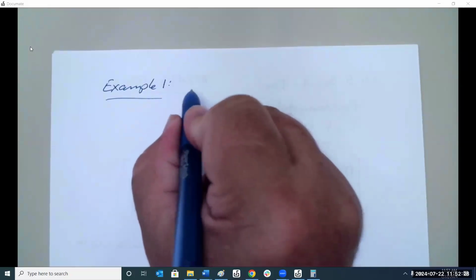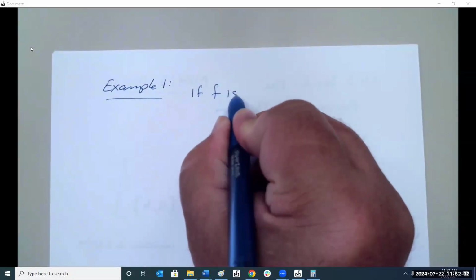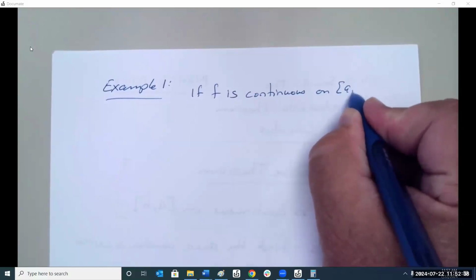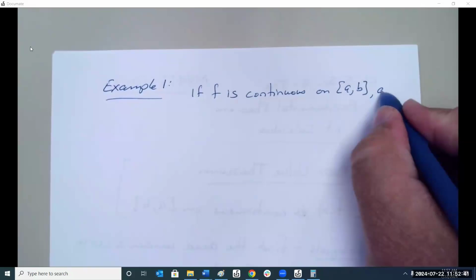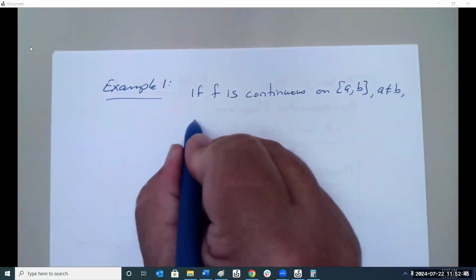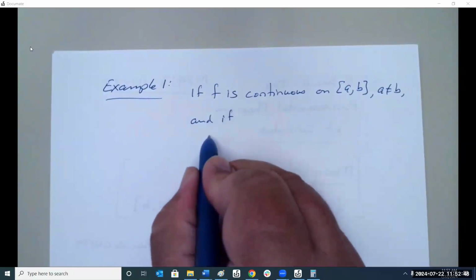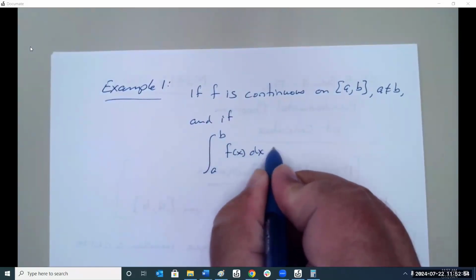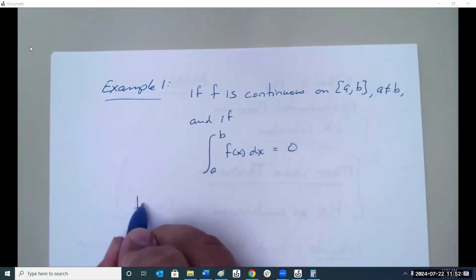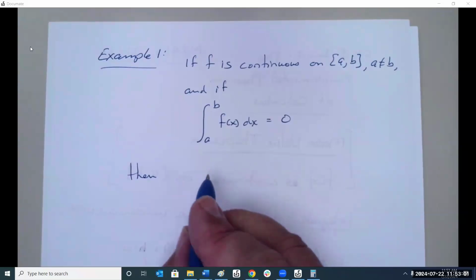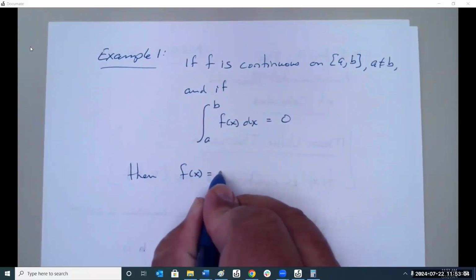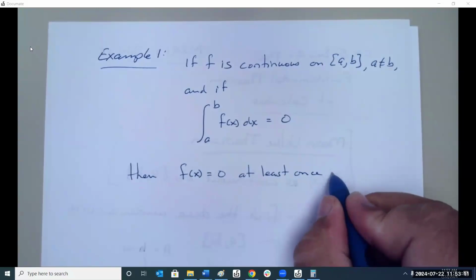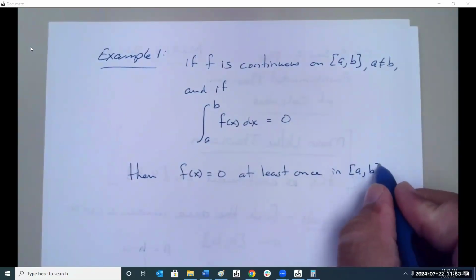Show that if f is continuous on AB and A does not equal B, and if the integral from A to B of f of x dx equals 0, then the only way that's possible is this.